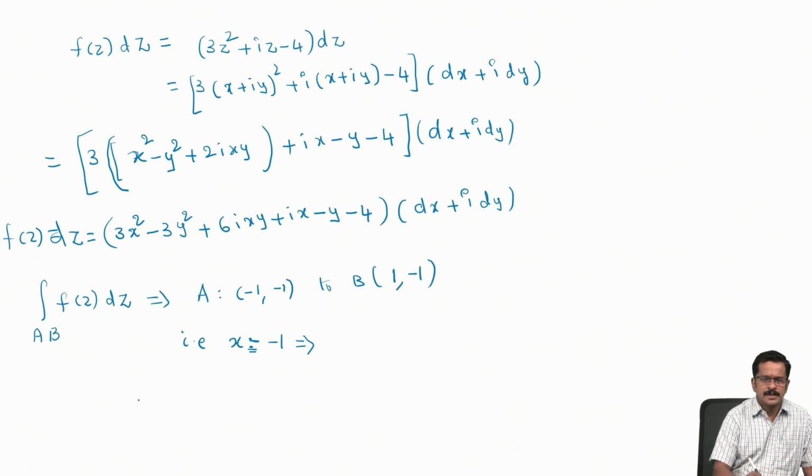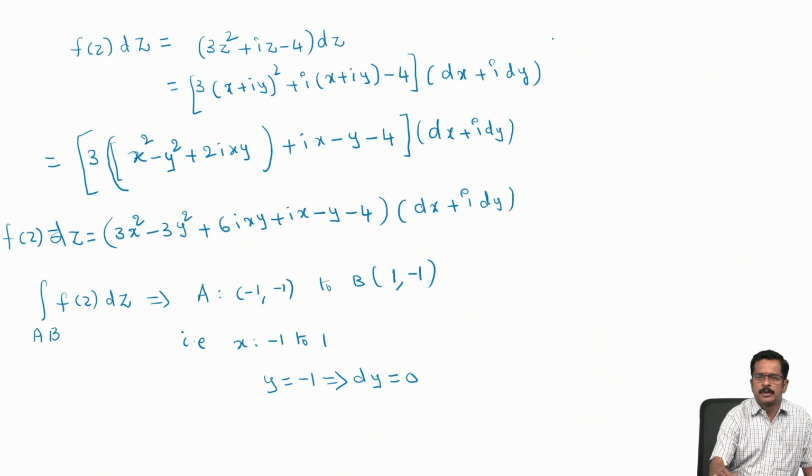So here x is varying from minus 1 to 1 and y is equal to minus 1 only. From this, dy becomes 0.